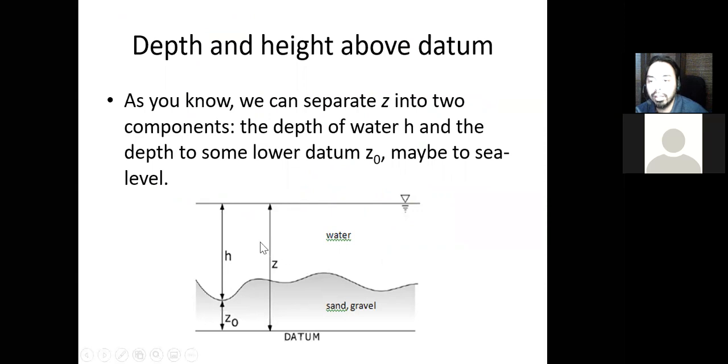If we introduce the z, the z can be divided into the depth of water and the depth to some reference or datum, z0, because we have a different depth, for example, because of natural causes or because of the shape of the channel itself.